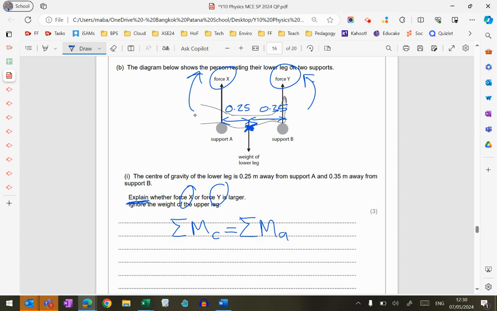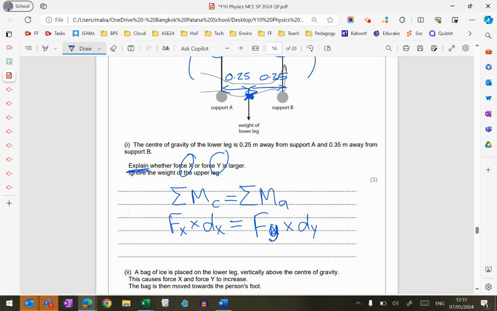So we're multiplying Fx times dx, which is the distance on the left-hand side, that's 0.25. And then we've got Fy times dy. In the question, it tells us that this is 0.25, and that this number on this side is 0.35.